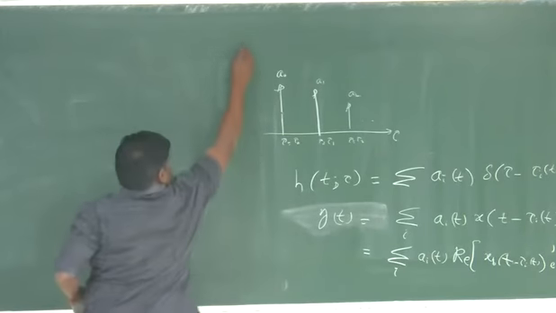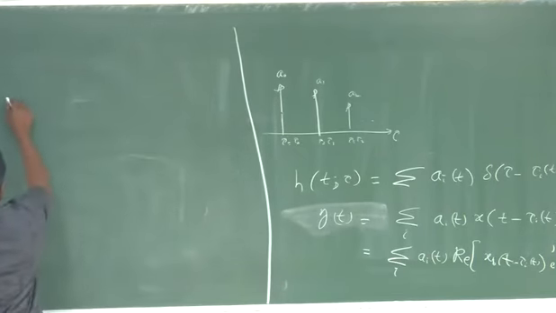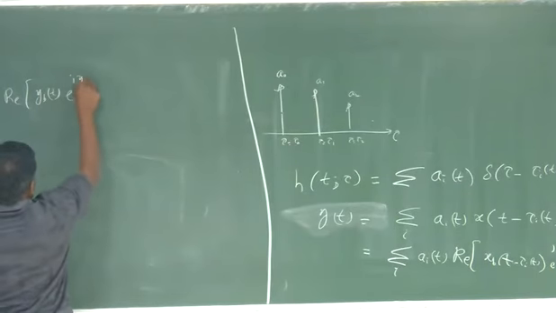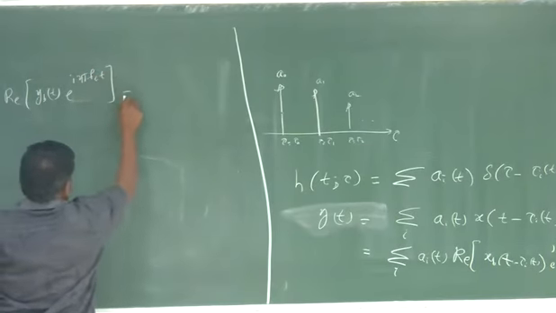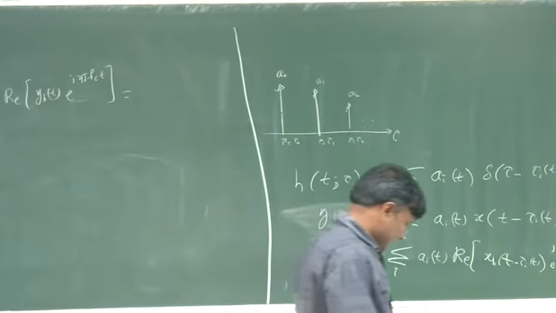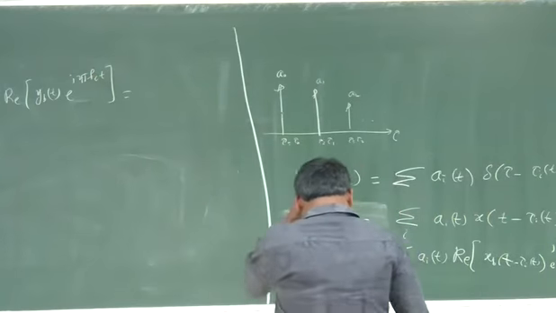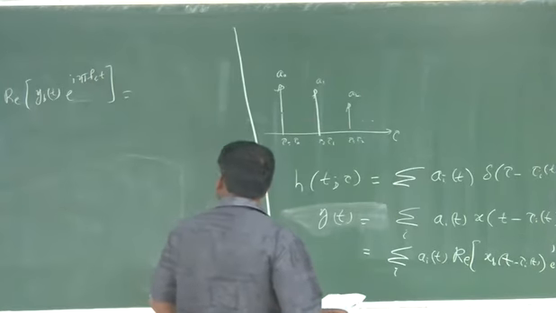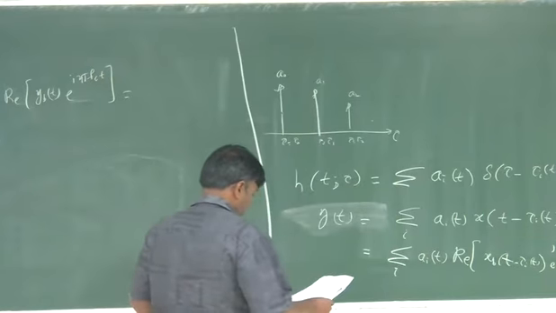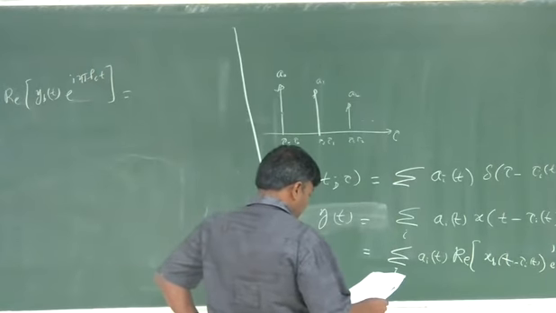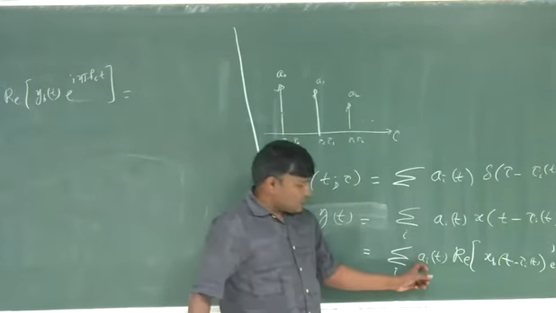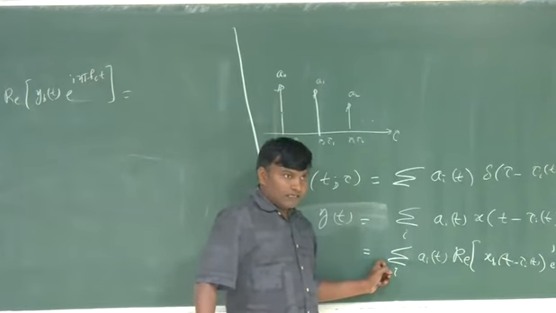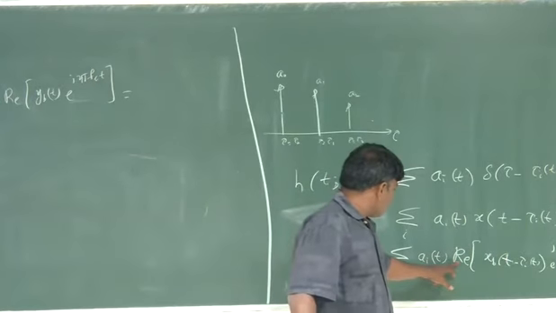So we'll rewrite this here. y of t is the real part of y_b of t e raised to j 2 pi f_c t, that is equal to the following. Remember a_i is real, so we can take the real part out safely, right? a_i is real, so we can take it inside.